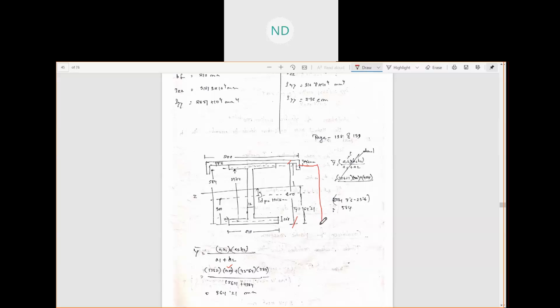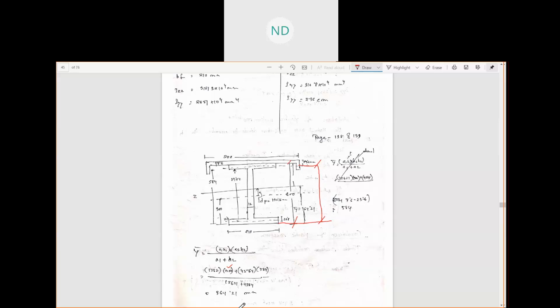So we did 600 plus 7.6, the thickness of the web of the channel section, minus the CG of the channel section, and we got the CG of the channel section from the bottom of the built-up member.